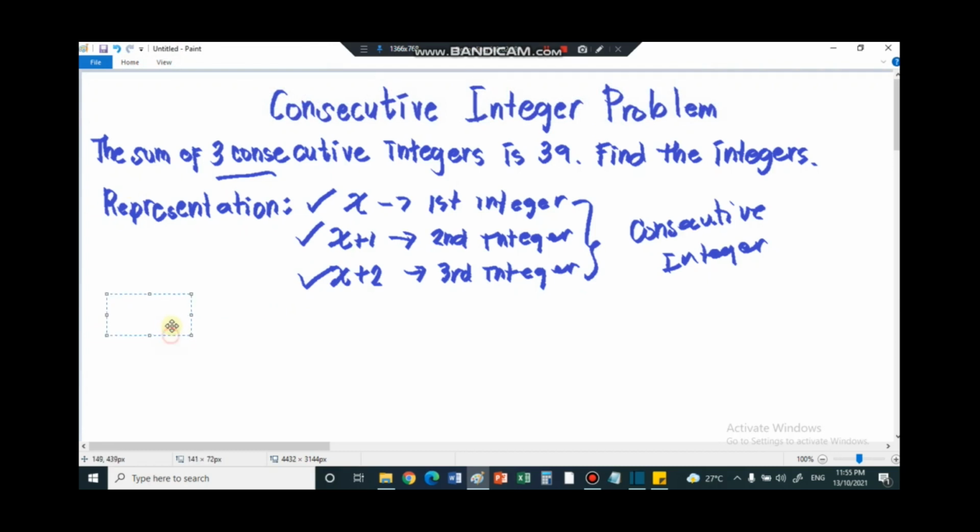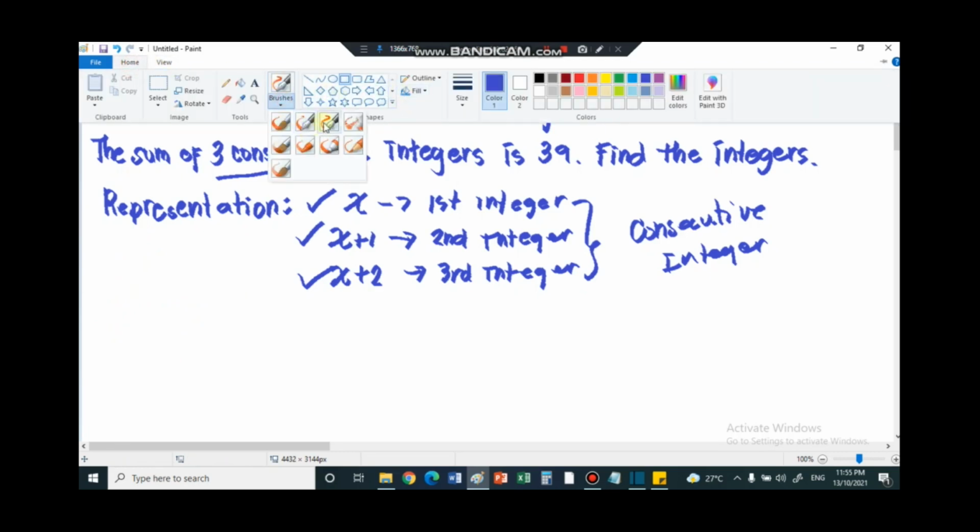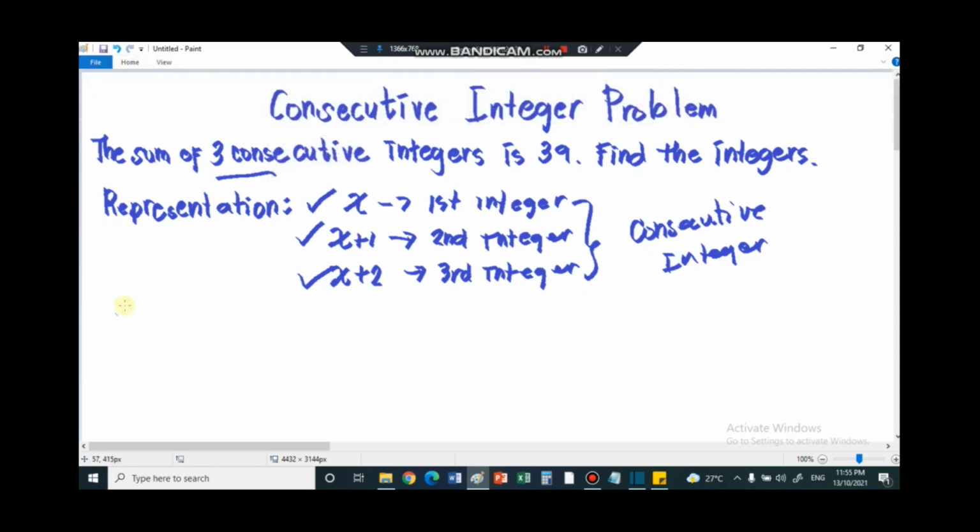Okay. So we have the equation. So after the representation, we will have the equation. So we will read the condition again.